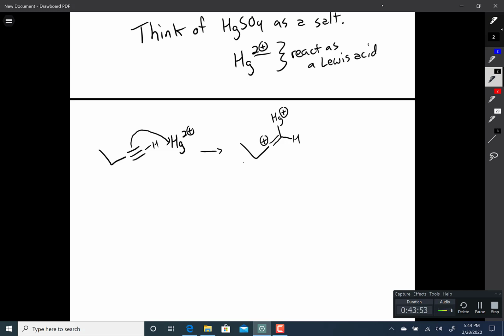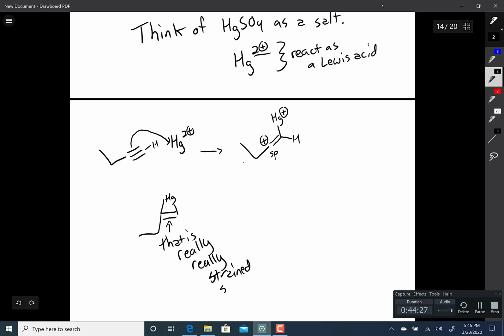And this carbocation is sp hybridized. If you form this intermediate, I'd accept it, but that is really, really strained, so unlikely.